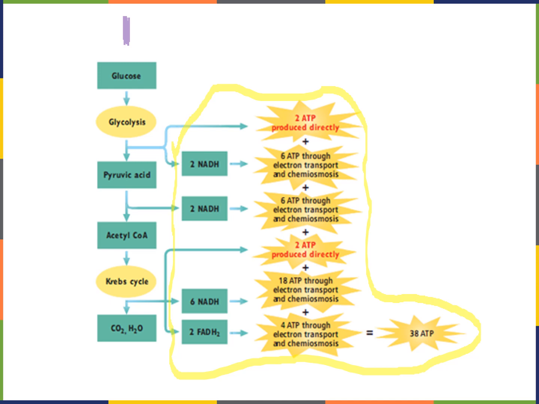And so this is basically just telling you where that energy comes from. And over here in the last column, for example, it says 6 ATP through electron transport and chemiosmosis. For your exam, all you have to tell me is 6 ATP. You do not have to tell me through electron transport and chemiosmosis.